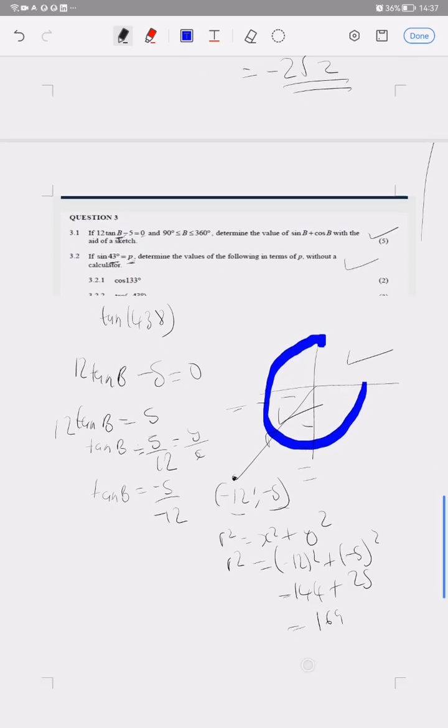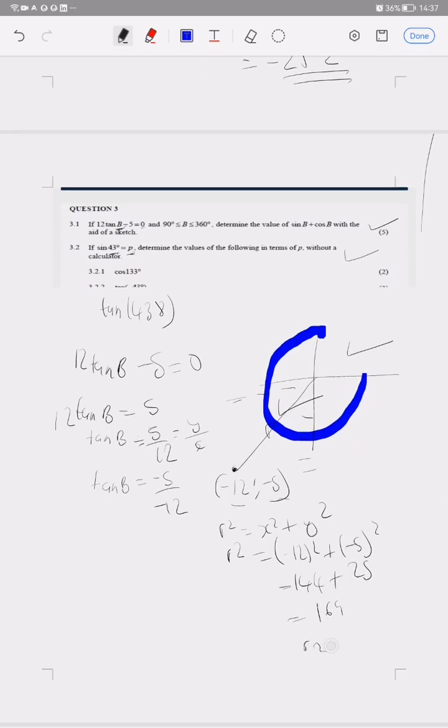So what do we do here? r squared is equal to 169. Put a square root, I get 2 possible answers, which is 13, right? But for r, we always say r is positive, so it's plus 13. Right, then we answer their problem. They say sine beta plus cos beta.